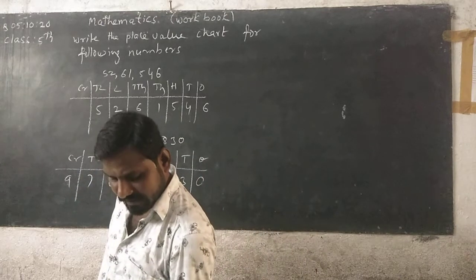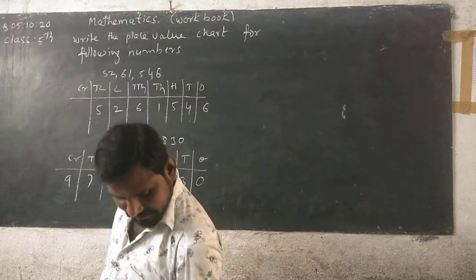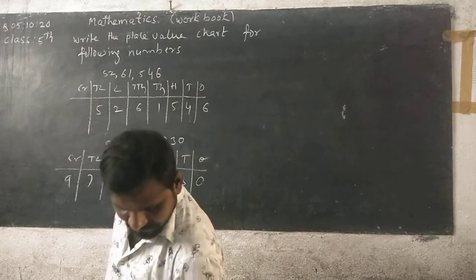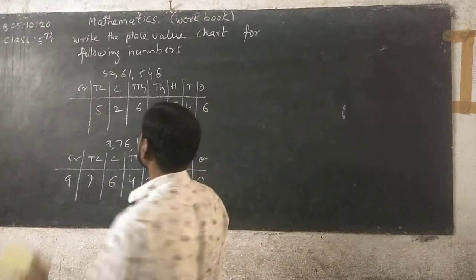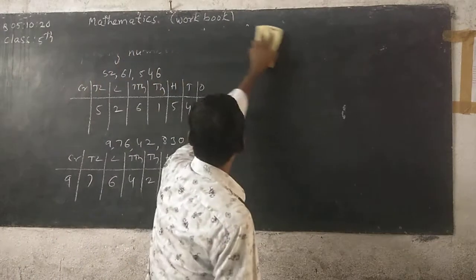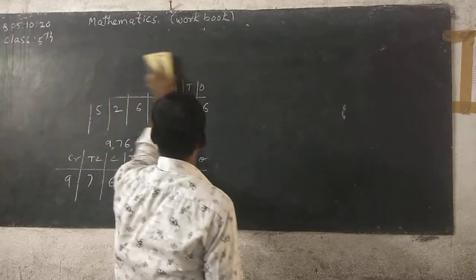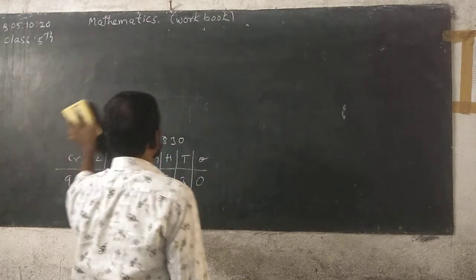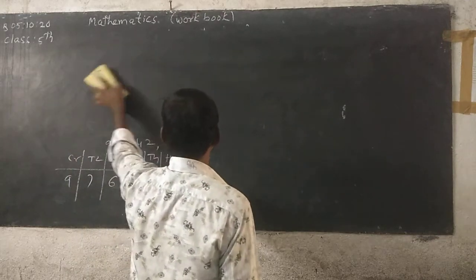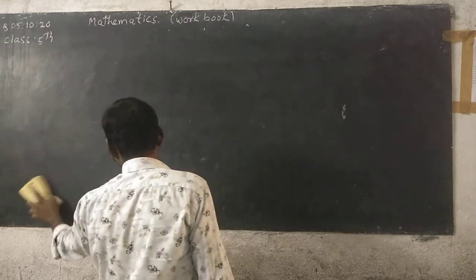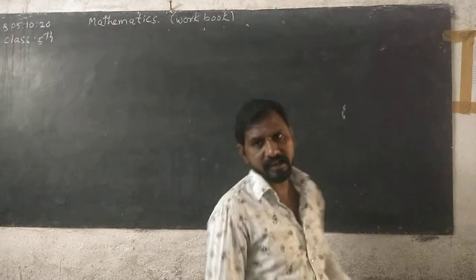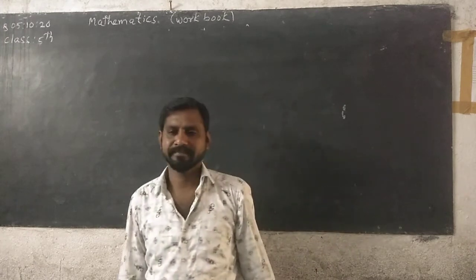Now next, page number 14. Write the number names for the following numbers. This is very easy, beta. First of all, while you are writing the given number in words, first separate the periods by using commas. That is very important.